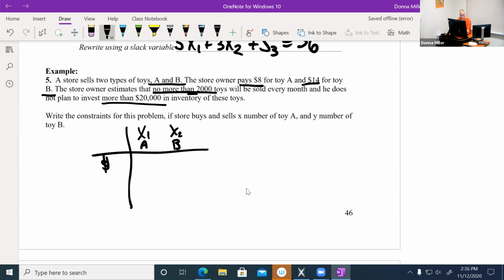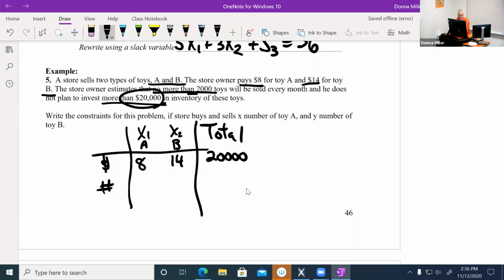For toy A, it costs me $8, and for toy B, it costs me $14. I'm going to make a little total column. I can't invest more than 20,000, so that's the max there. Now the number is just straight up X1 plus X2. I don't want to make more than 2,000, so that's the total number.